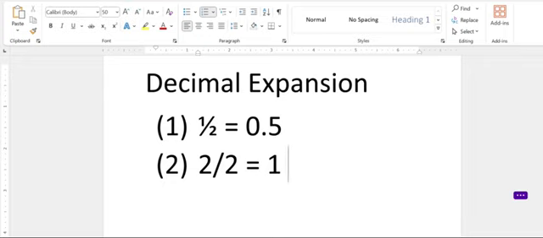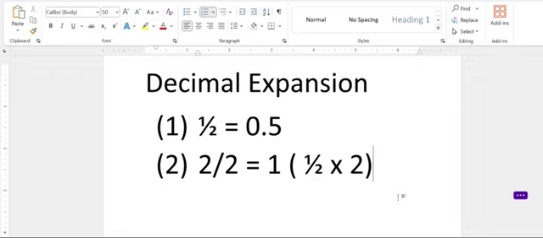Okay? 2/2 is the same as saying half times 2. That's the meaning of 2 over 2. So if you now have half in two places, half plus half will give you 1.